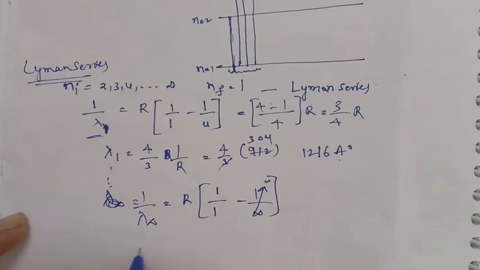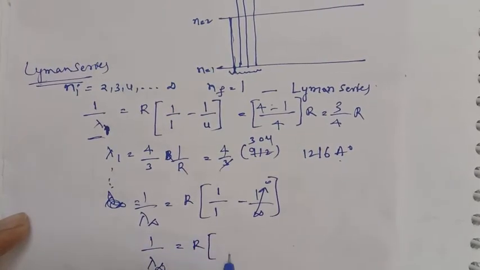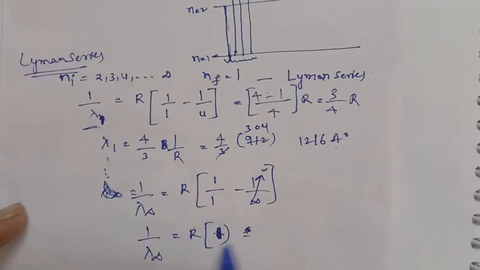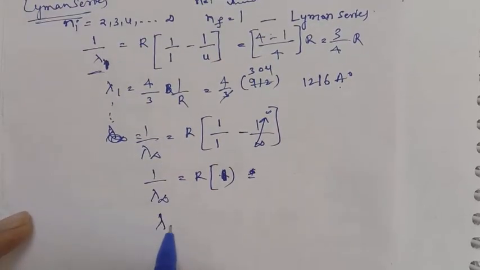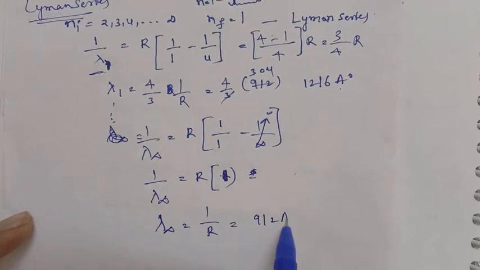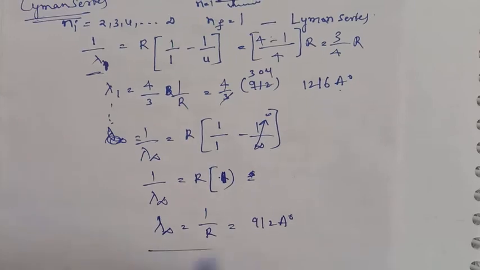So 1 by lambda infinity is equal to R into 1, that is 1 by R, which is 912 angstroms. So it is lambda infinity.